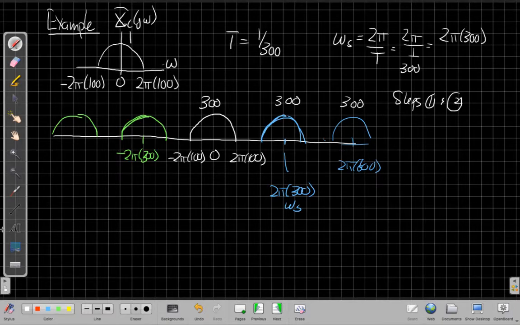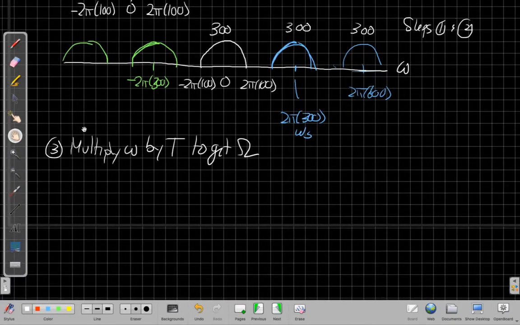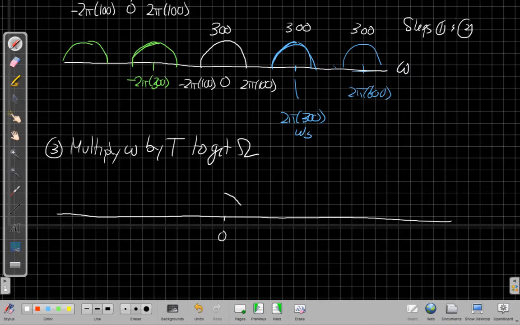And then the last step, step 3, is I need to multiply the continuous time frequency axis, this omega, by T to get the discrete time frequency. When I do that, I get the same basic picture, but now, this is my 0 point, and I have to relabel all these frequencies.